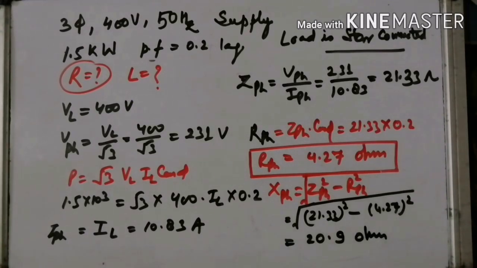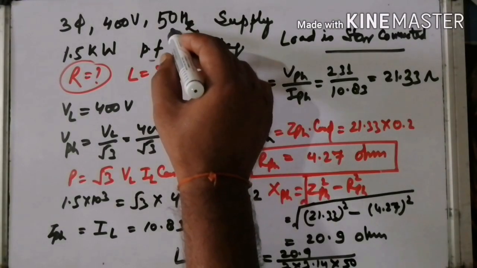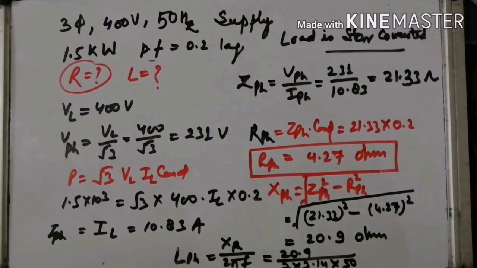Right? Now LPH, which is nothing but XPH divided by 2 pi F. It is 20.9 divided by 2 into 3.14 into 50 hertz, which is given over here. Right? And it is 0.0665 Henry.